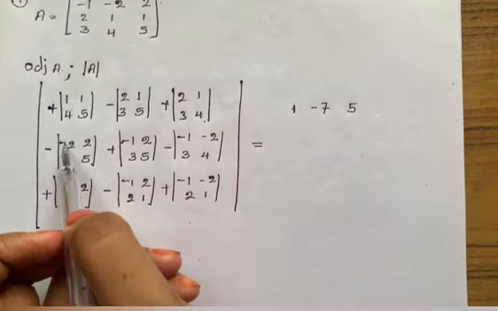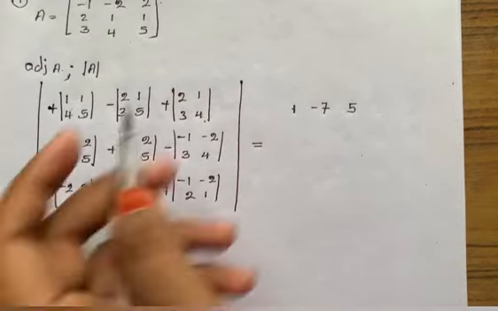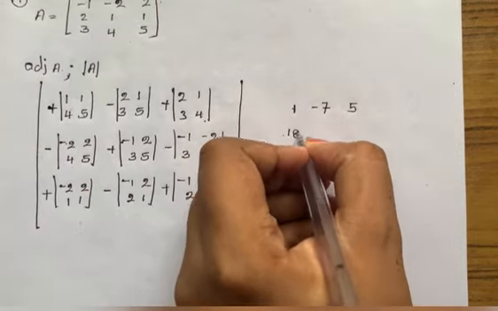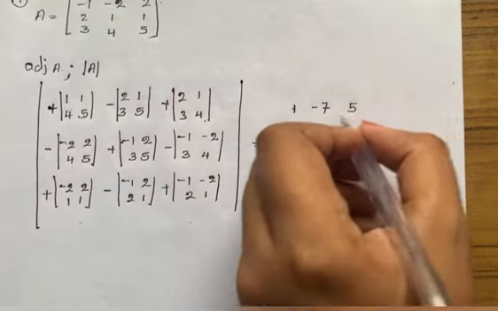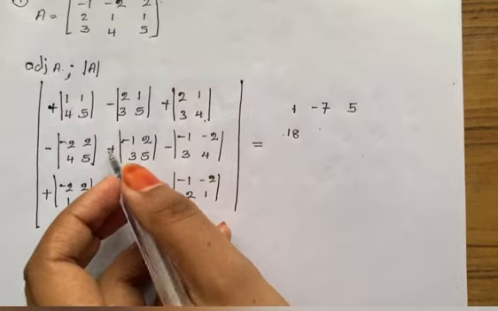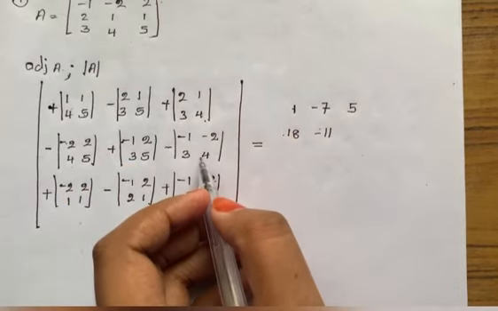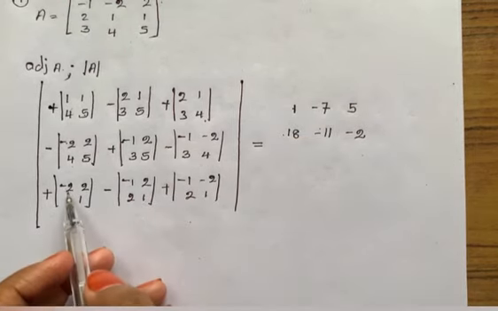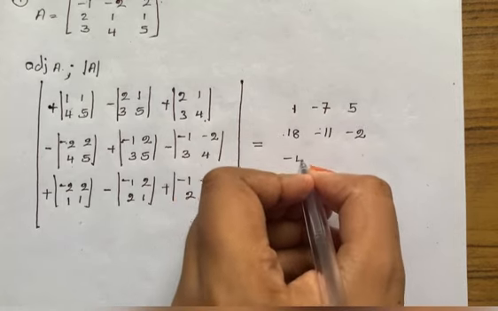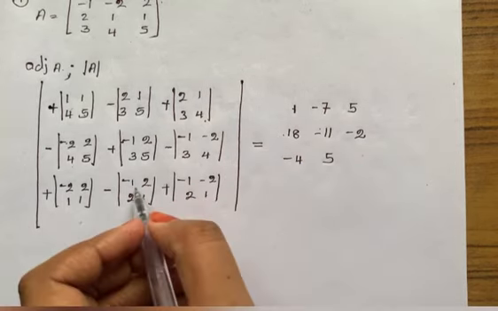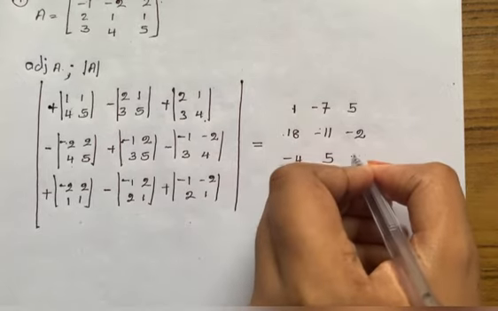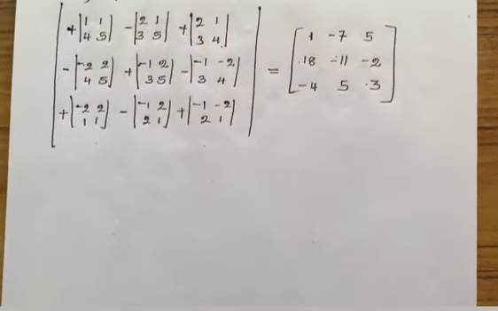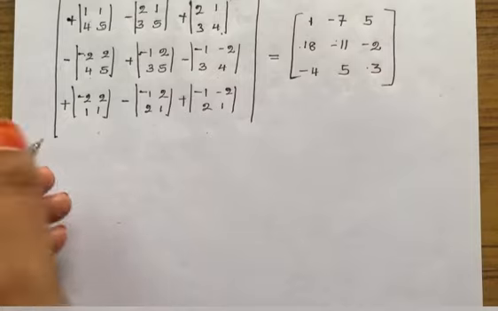Okay, so next, minus 10 minus 8 is minus 18, that multiplied by minus is plus 18. Next one is 5 minus 5 minus 6, so that is 11 and minus 11, and minus 4 plus 6 is 2, and that would be minus 2. And the next one is minus 4, 5, and the last one is 3. So this is the cofactor.